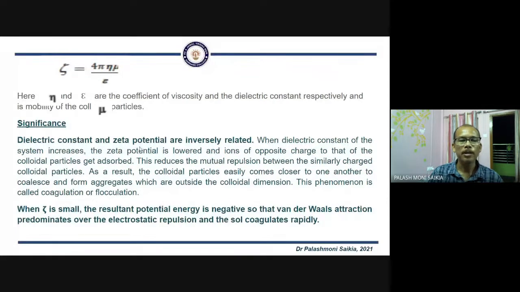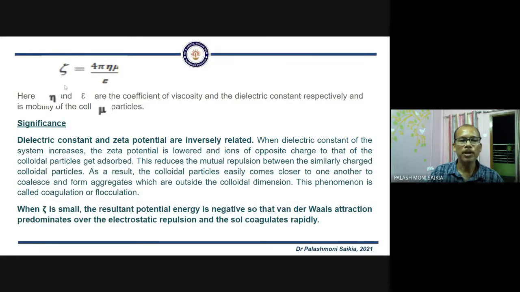That is the important significance of DLVO: for the stability of the colloid, the dielectric constant of the system should be very low and should not be allowed to increase, or the zeta potential should not be allowed to decrease.